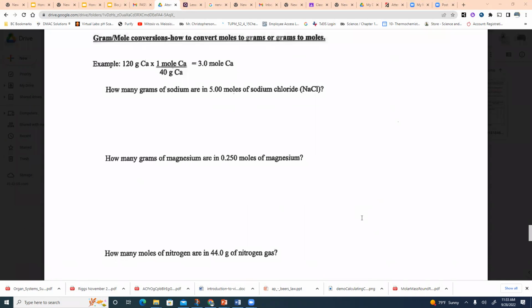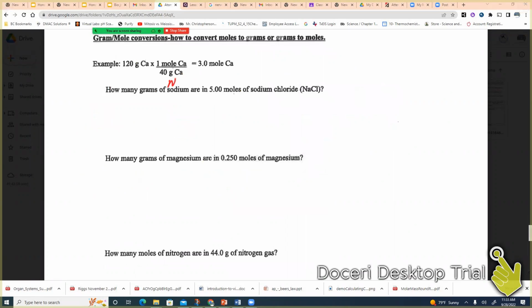On my first one, there's a little typo. This needs to say how many grams of sodium chloride, not just sodium. All right, so if I look at this one, it says how many grams of sodium chloride are in 5 moles of sodium chloride. So that's my given.